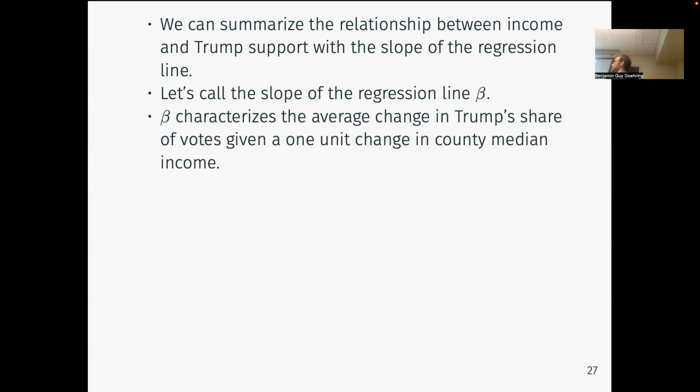And units here is just $1, right? So what our beta is going to tell us is, let's say county income changes by $1. On average, how much do we see Trump's share of the vote decreasing as the county income increases by just $1?